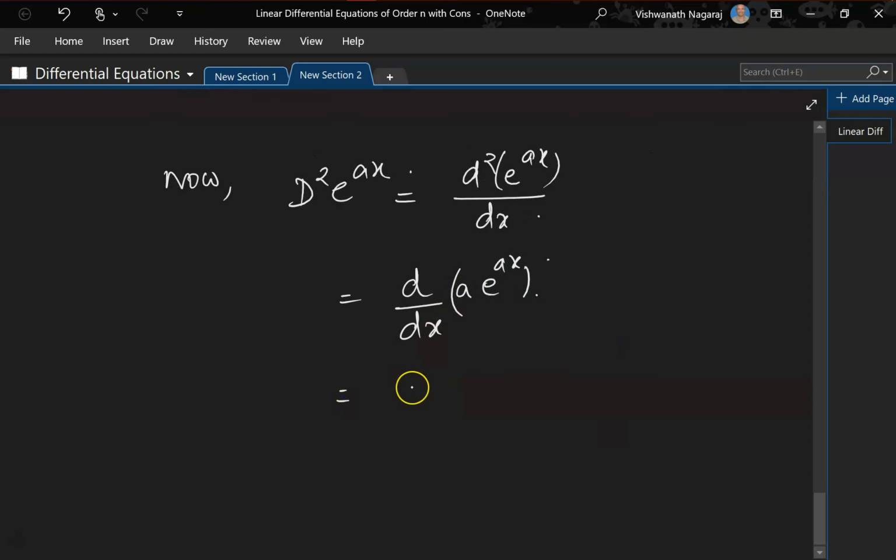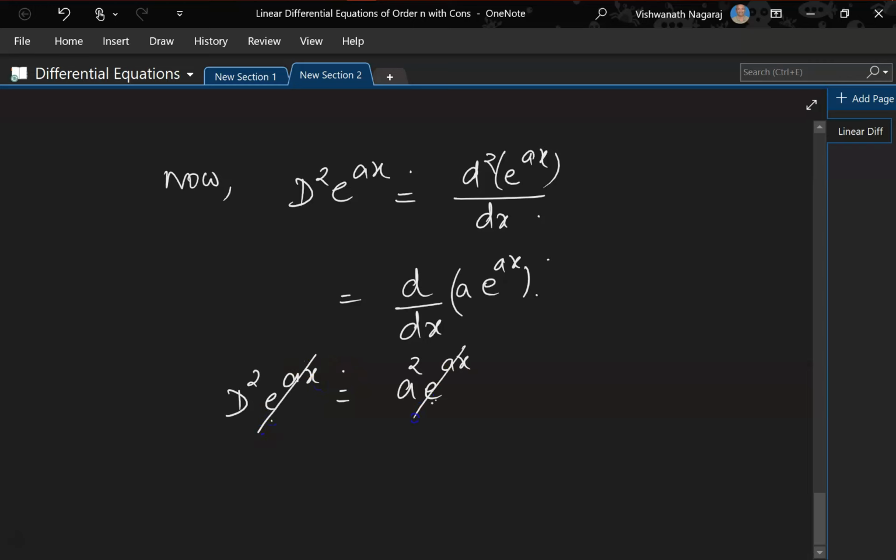Similarly, again we differentiate. So we get a e^(ax) and another a, which we can remove and say a squared. So this becomes D squared e^(ax).